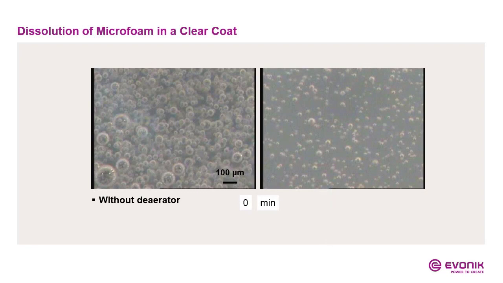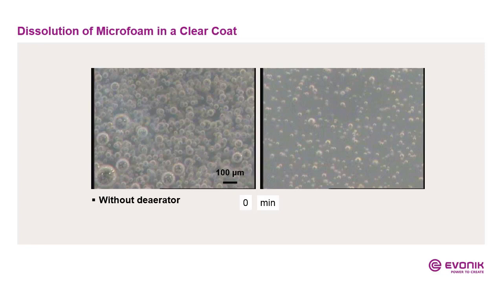Here's a nice video that shows the dissolution of microfoam in a clear coat. On the left, you see without deaerator, and on the right, you see with deaerator, for example, our TEGO Airex types. At 0 minute, which means right after the incorporation of the deaerator, you see already significant difference.